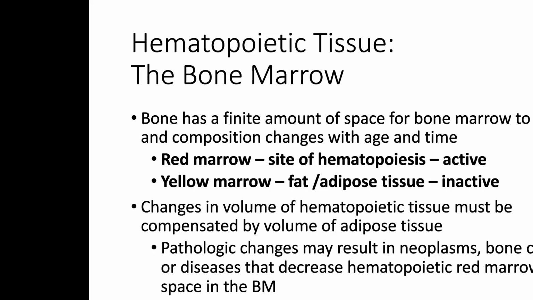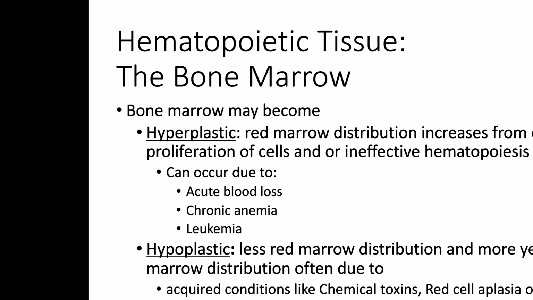If your red marrow volume starts decreasing, then your yellow marrow will have to increase, and vice versa. If your red marrow starts increasing, then your yellow marrow will decrease. So the ratio between the yellow marrow and the red marrow is an important terminology to understand.